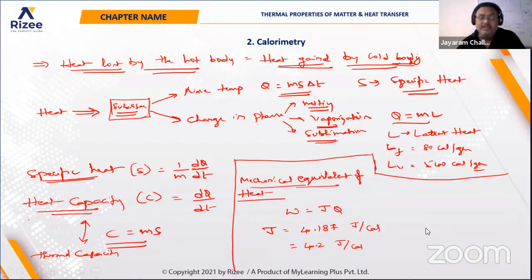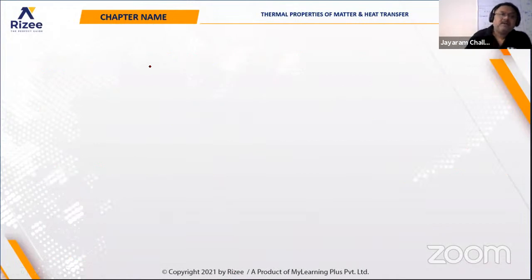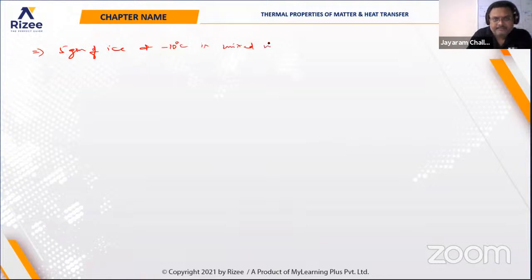We can go for a simple example in calorimetry. For example, what sort of question? Suppose 5 grams of ice at minus 10 degrees centigrade is mixed with 5 grams of water at 20 degrees centigrade.